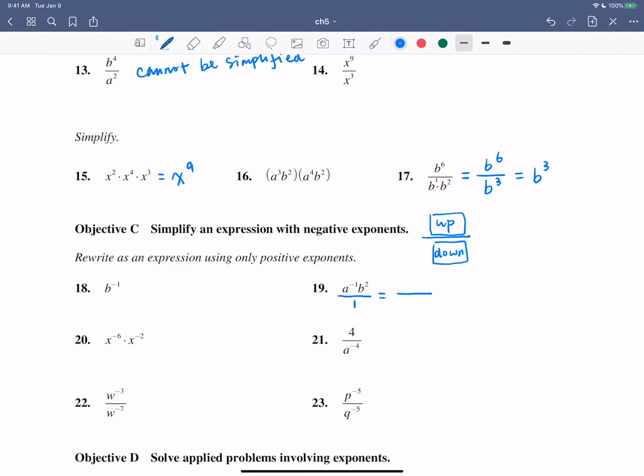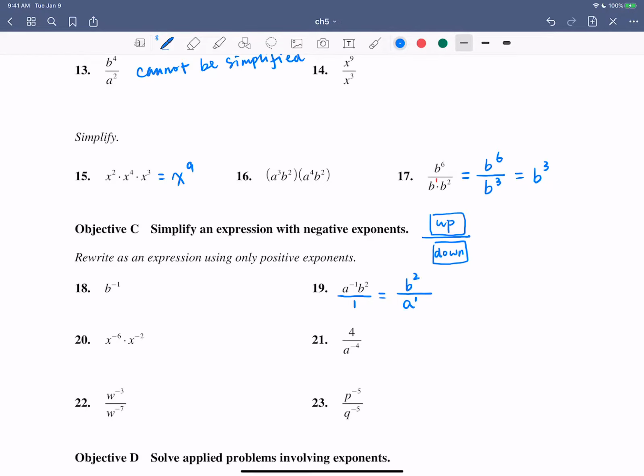When you move it downstairs, you simply keep the base and change the exponent to the positive version. In this case, it's just going to be a to the first. The other tenant upstairs is b squared. It has a positive exponent, so you just leave it upstairs.